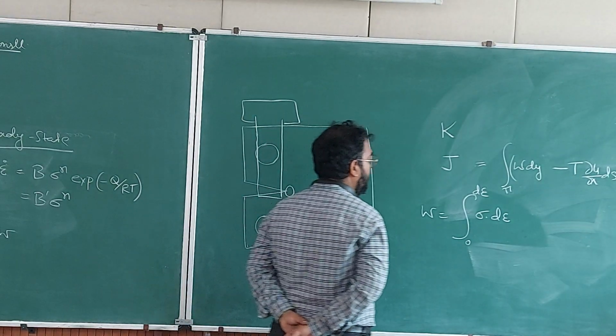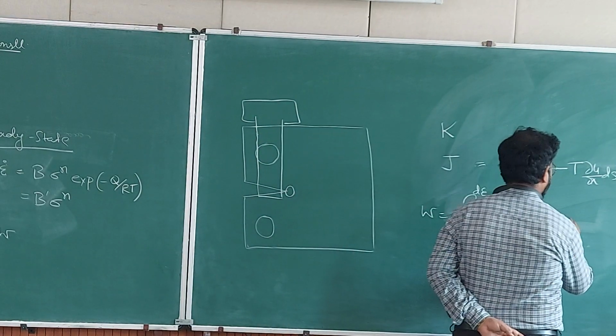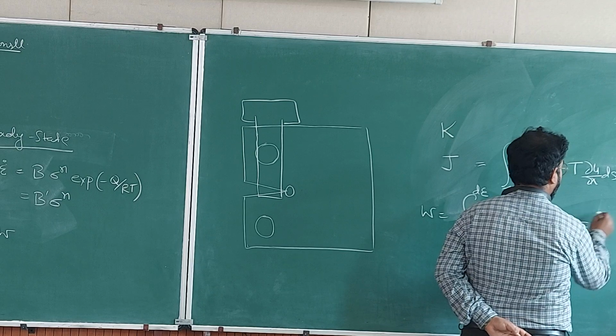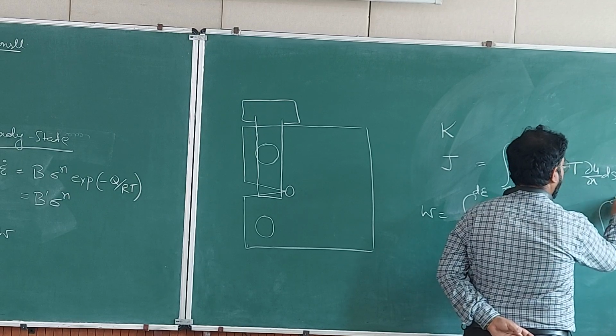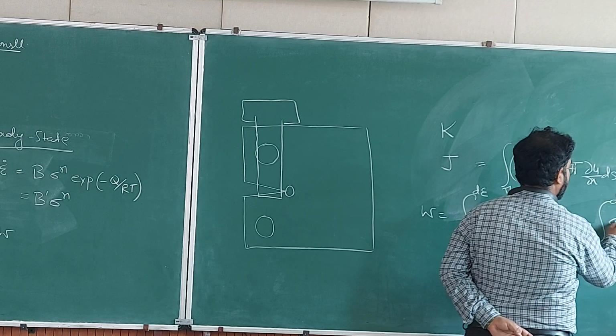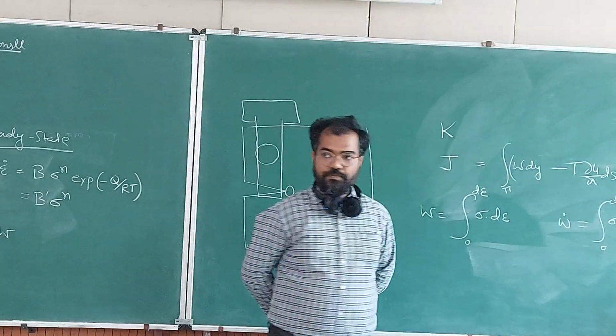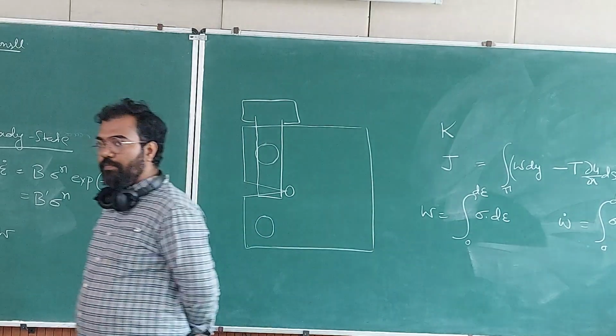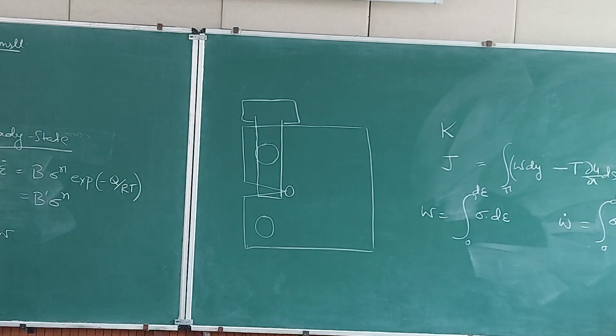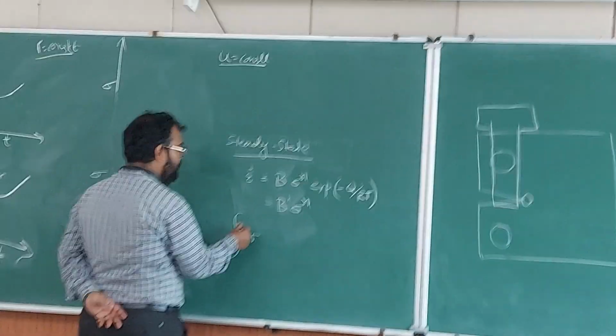So here we have to define another integration, from 0 to epsilon dot, sigma dot d epsilon dot, right? And then instead of W, we use W dot.